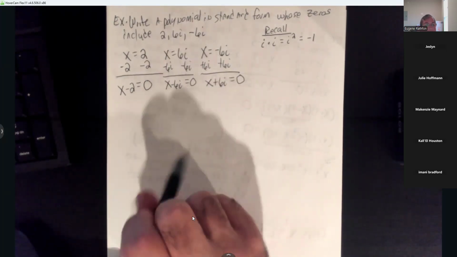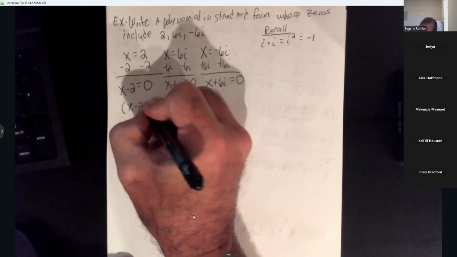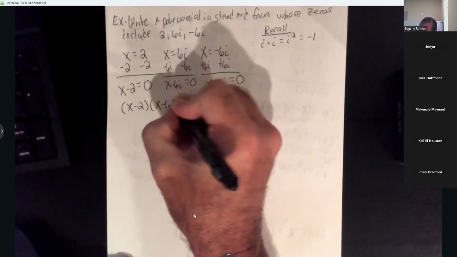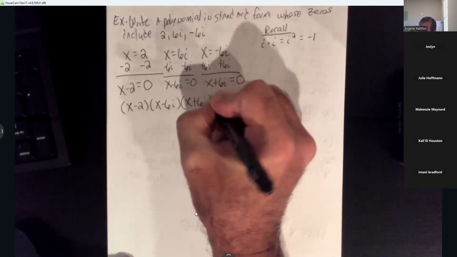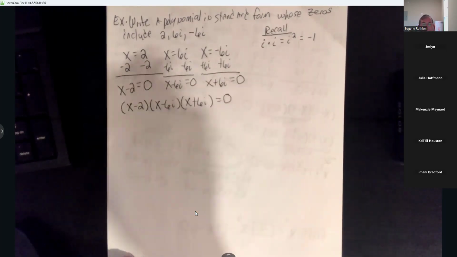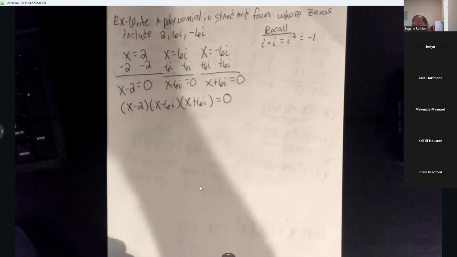So I got my 3 equations. I'm going to put all these factors into parentheses, everything now equal to 0. Now, here's the thing on this one.